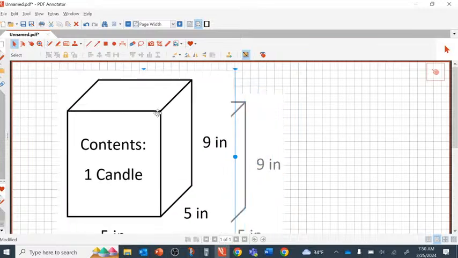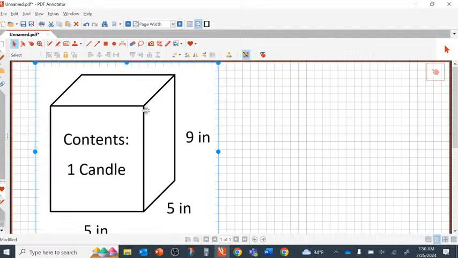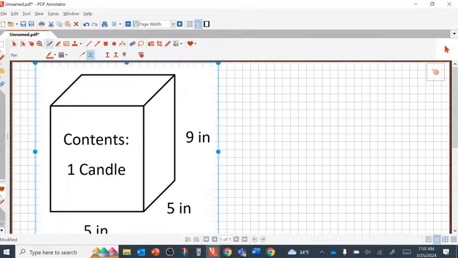David, how did you find the surface area of this rectangular prism? Oh, good. Well, not good that you got confused. It's good you got some help. Sure.